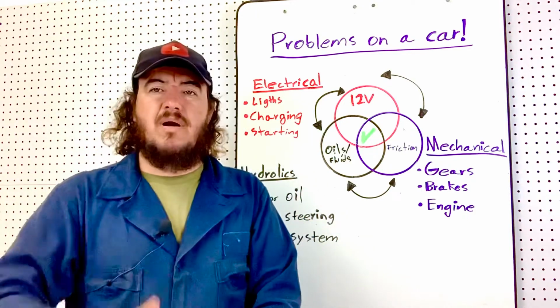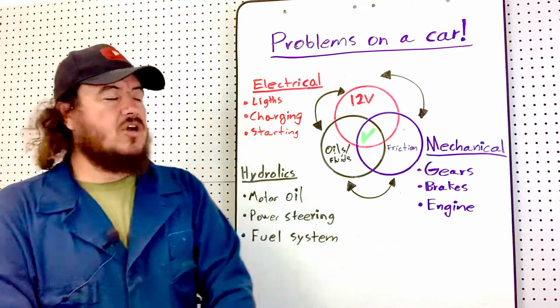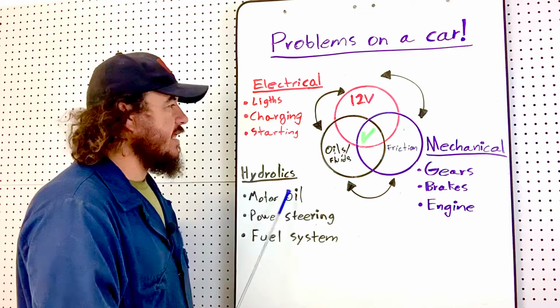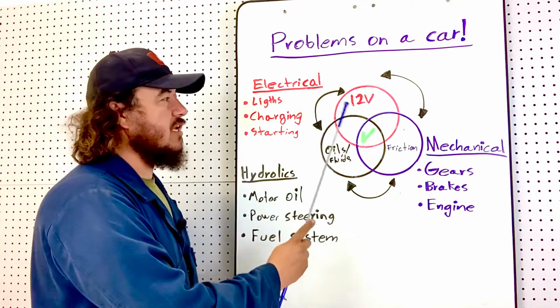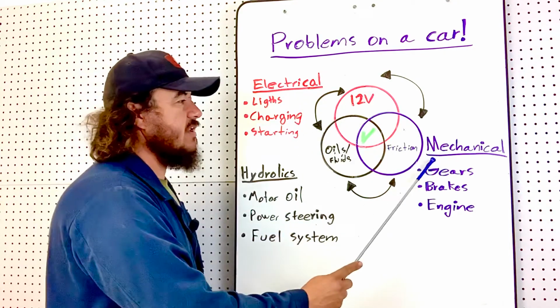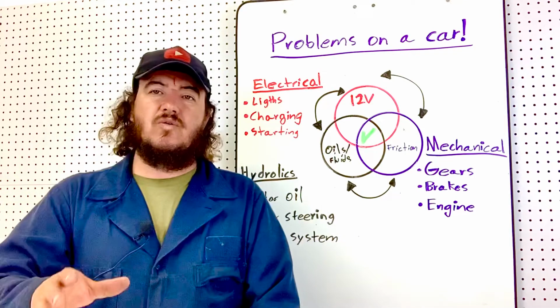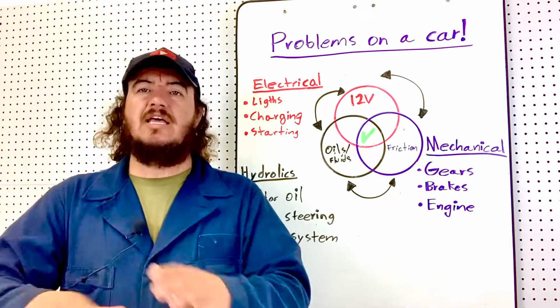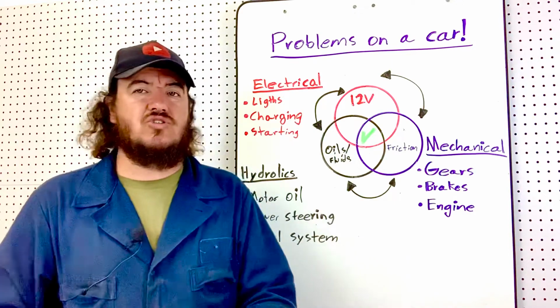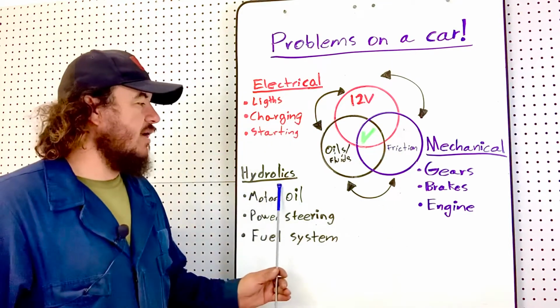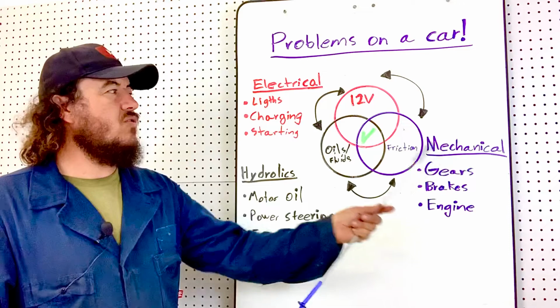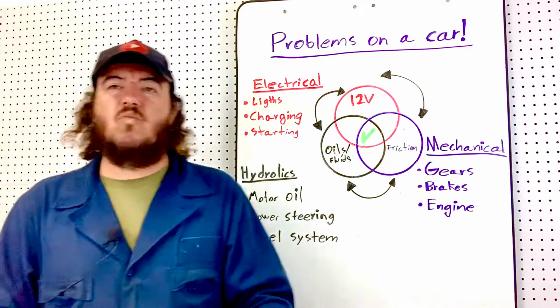If a water pump goes out, then you start creating overheating, sensors start coming on telling you warnings, and eventually your mechanicals are going to fail because your engine is going to overheat and stop working, because you created a problem from hydraulics to mechanical, and then it went bad.